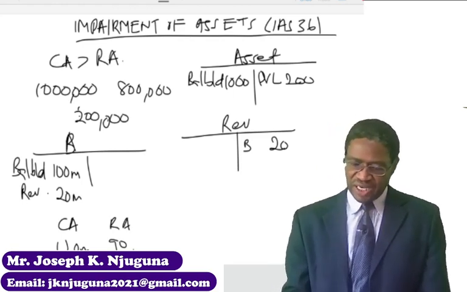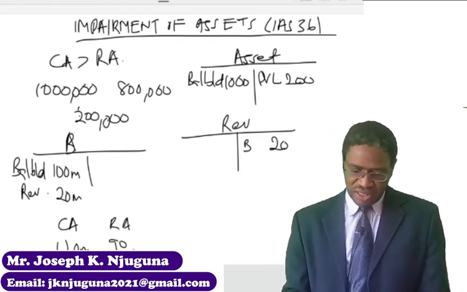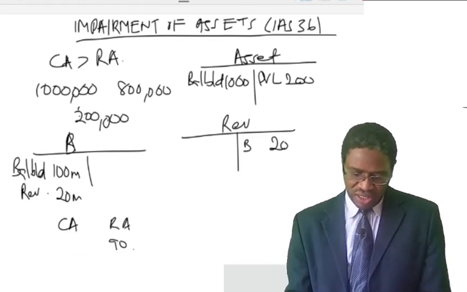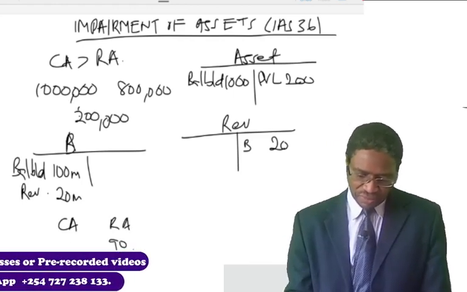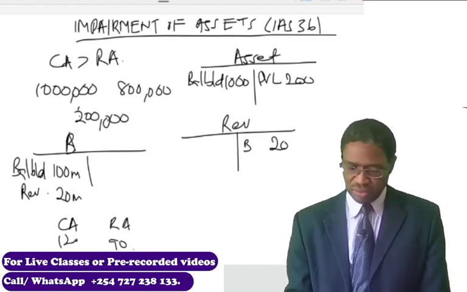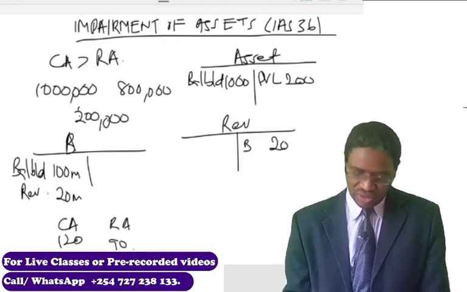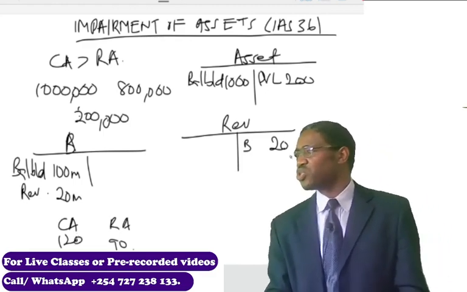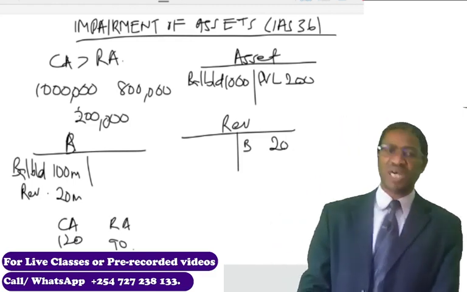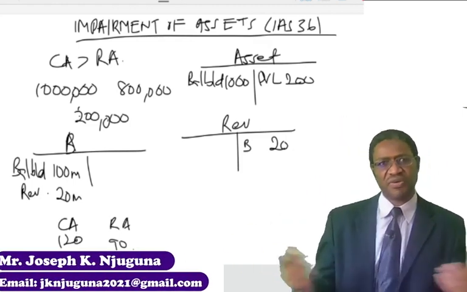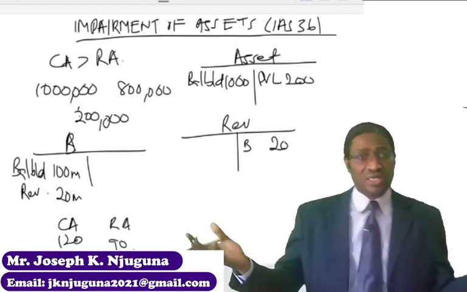So if the carrying amount of your asset is 120 million, but the recoverable amount is 90, has that asset suffered?